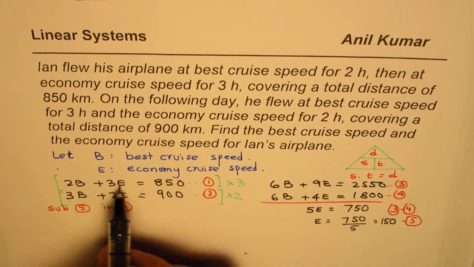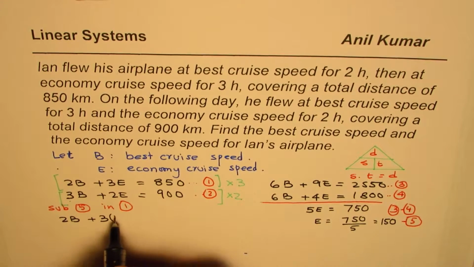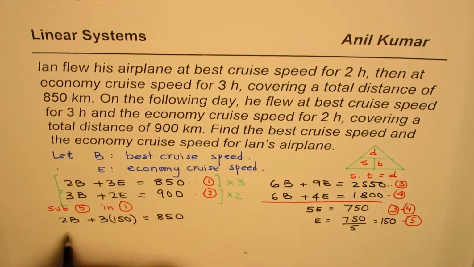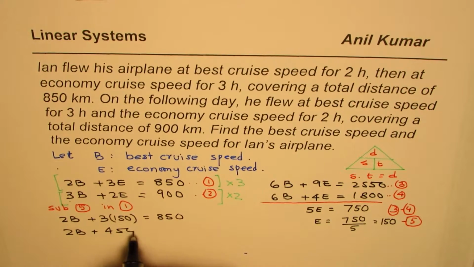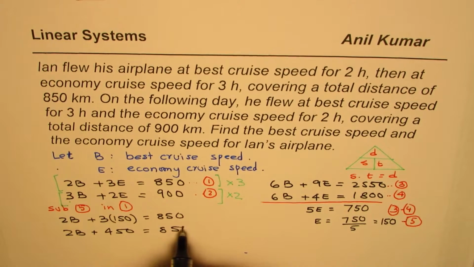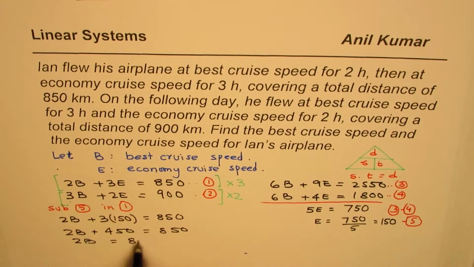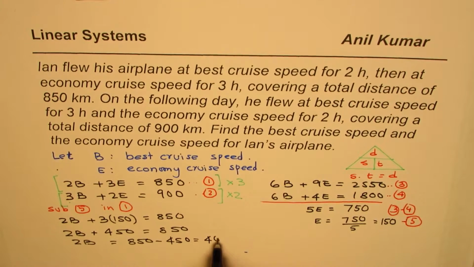So that is 150 for E. So we get 2B plus 3 times 150 equals 850. So we have 2B plus 3 times, you can again use calculator, 450 equals 850. So rearrange to write 2B equals 850 minus 450, which is 400, right?